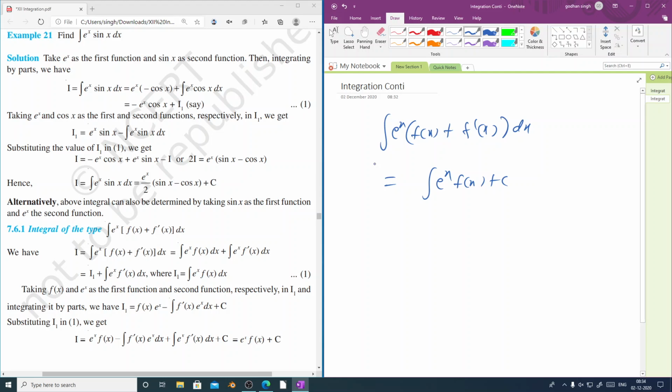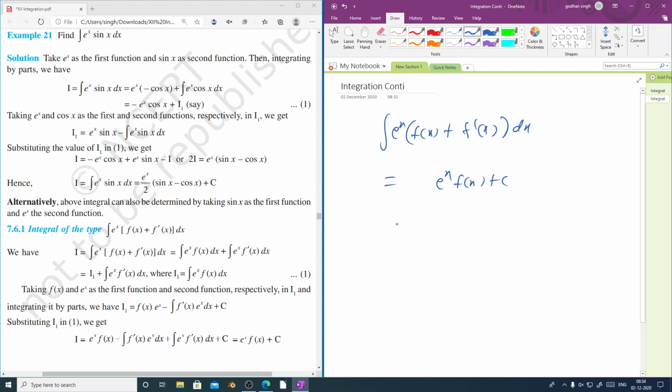If we integrate it by parts, on solving it, the integration of e raised to x f dash x will be cancelled out, and we will finally get the answer as e raised to x f(x) plus c. So the final answer will be only e raised to x f(x) plus c.